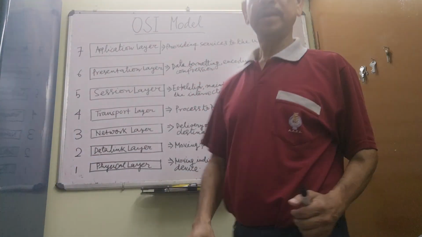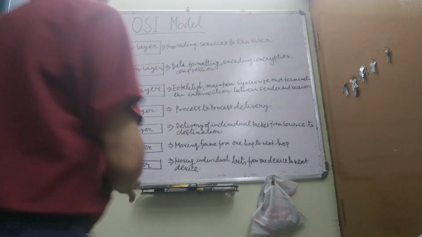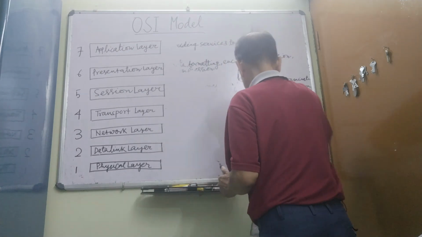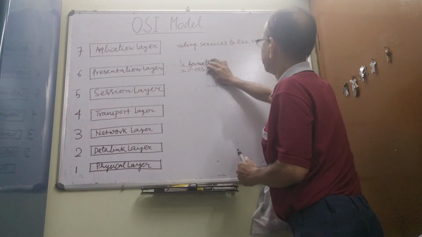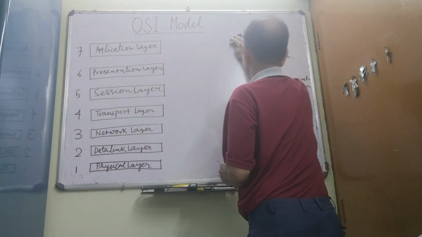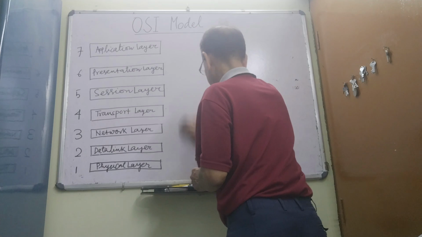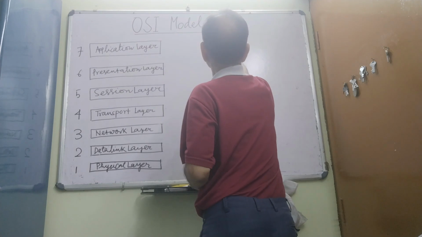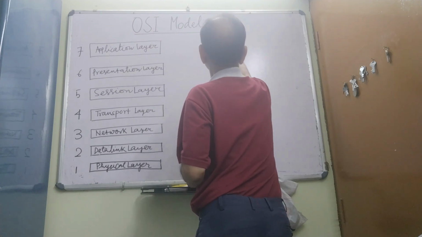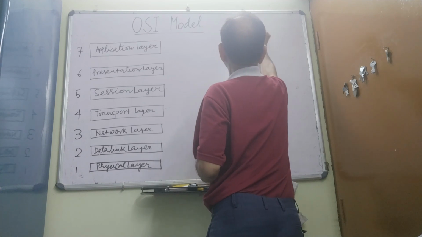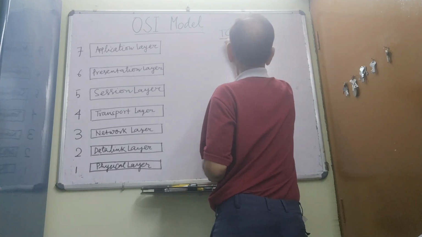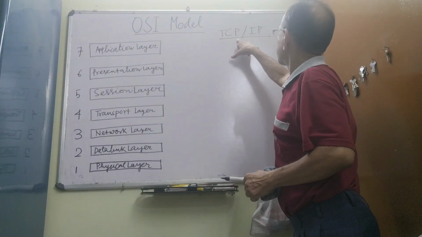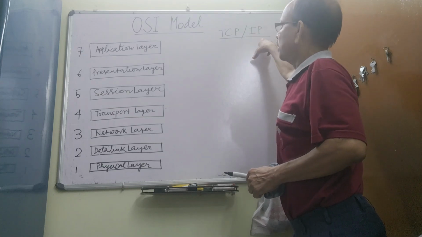Our next model is the TCP and IP model. TCP is Transmission Control Protocol, IP is Internet Protocol.